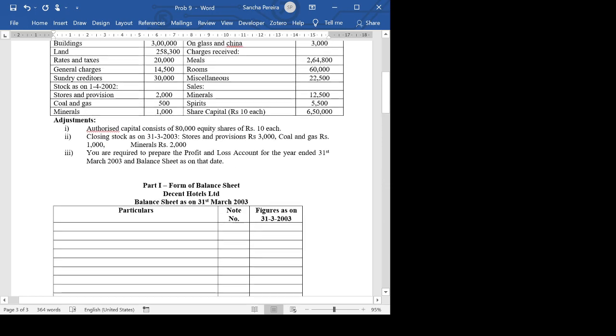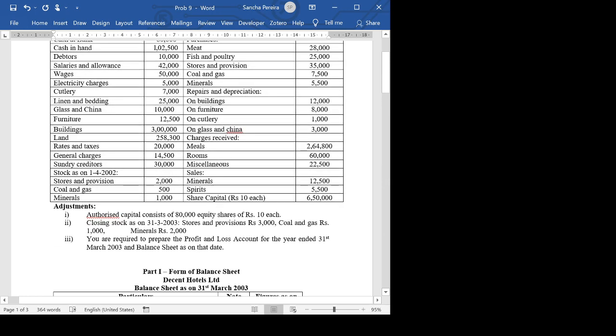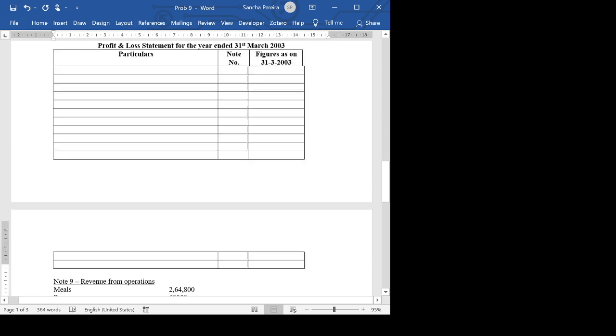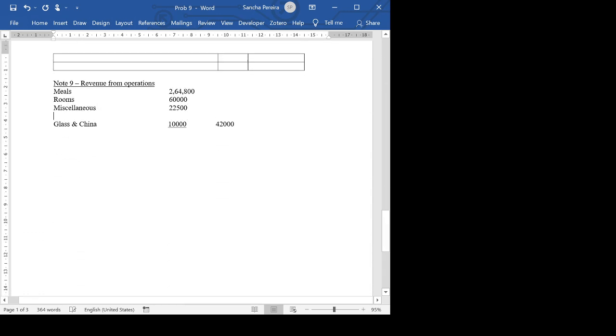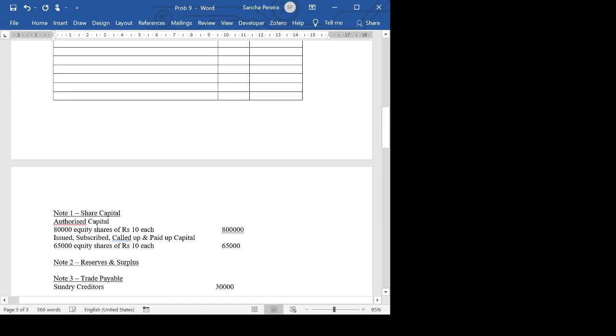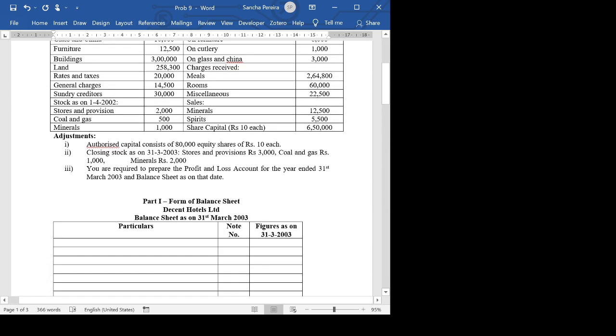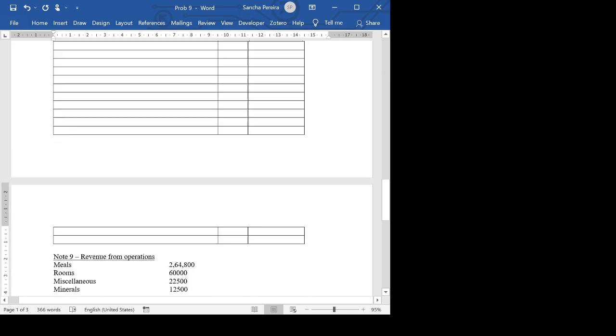Then we come to sales. All these are incomes that the hotel has received. Minerals 12,500. Then there is just one more item, spirits 5,500.